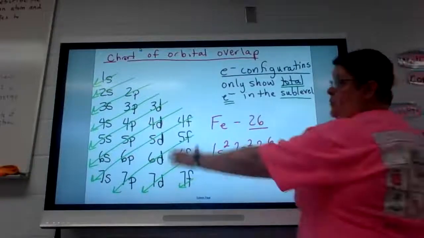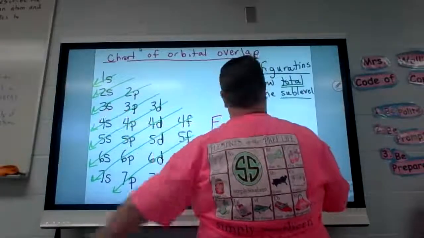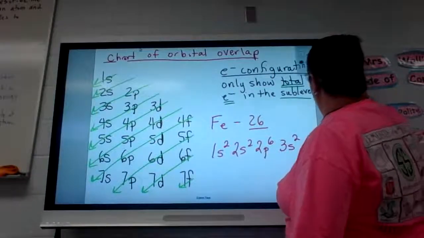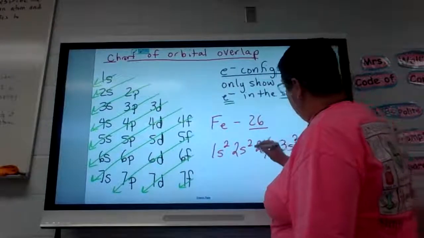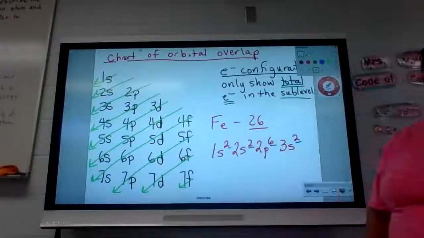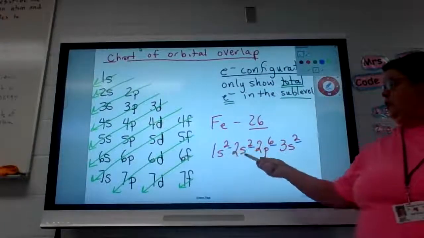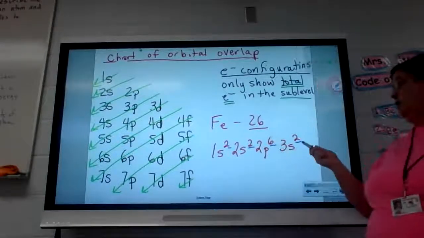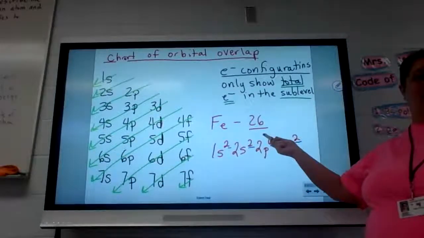Next in the chart after 2p is 3s. S can hold how many? So if we stop for a moment and we count, how many electrons have we placed? 2 plus 2 is 4, plus 6 is 10, plus 2 is 12. Are we at 26?